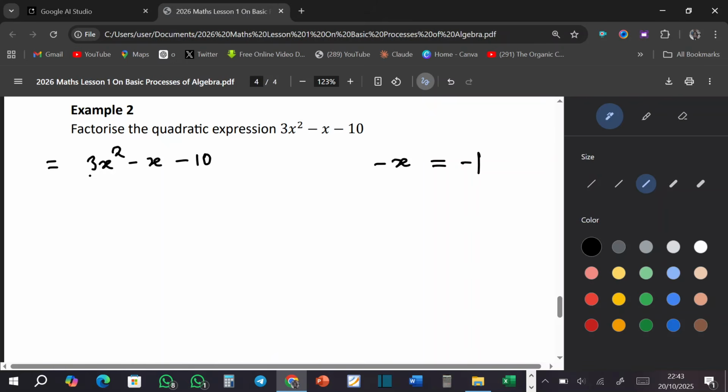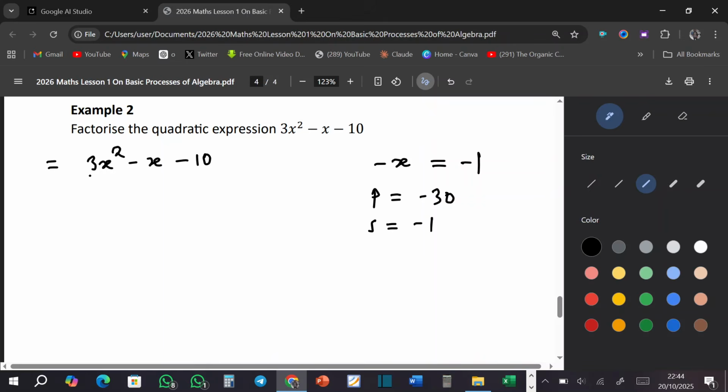So the product is -30. Then the sum is -1. So you have -1 and 30. So you look for two numbers which when you multiply them, they will give you 30, and when you add them, they will give you -1.